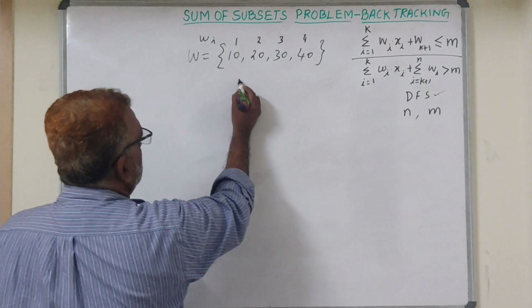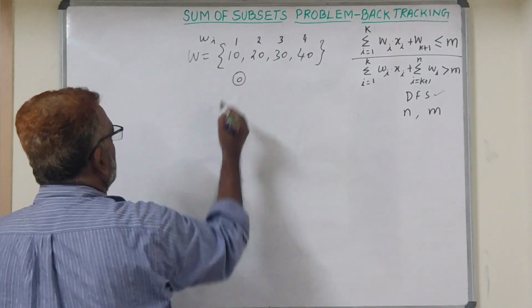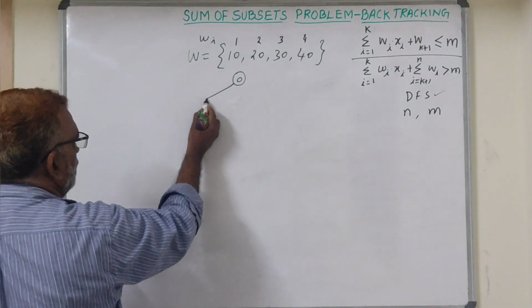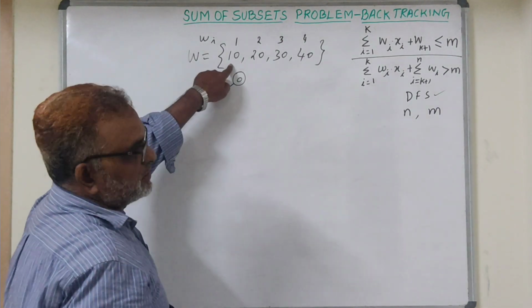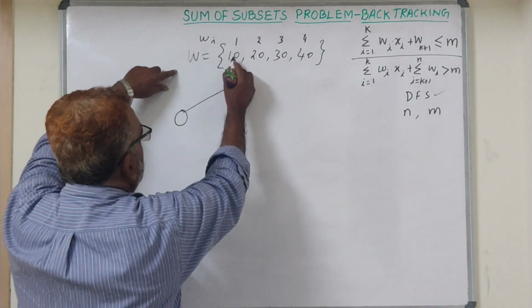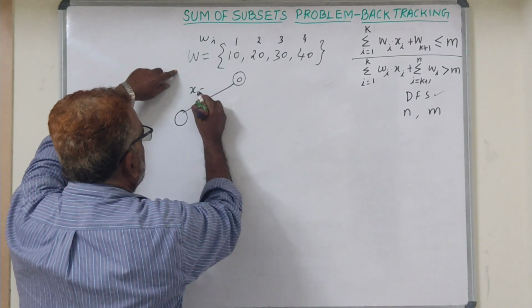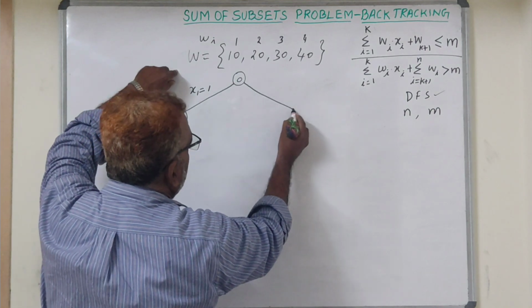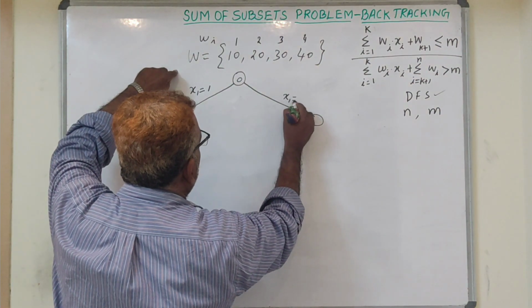Let us consider, I am taking the first node, the initial value is 0. Now I am going to include the first weight, x1 is equal to 1, and its other branch gives x1 is equal to 0.